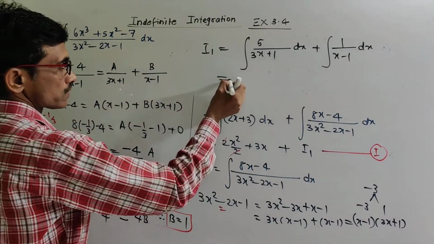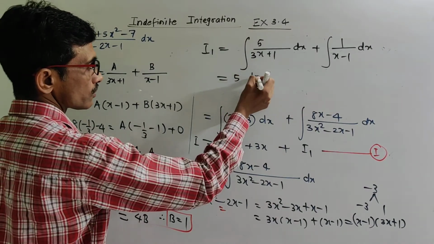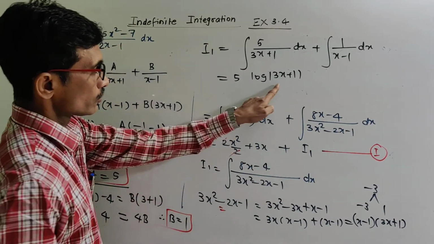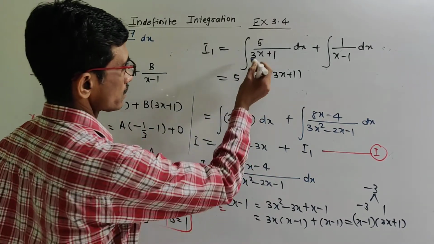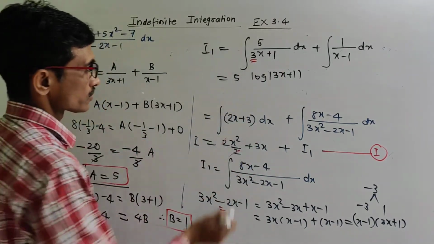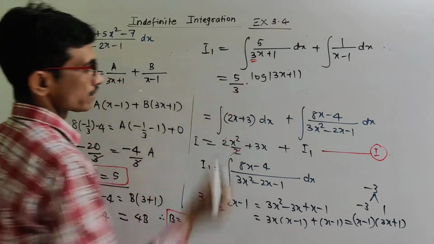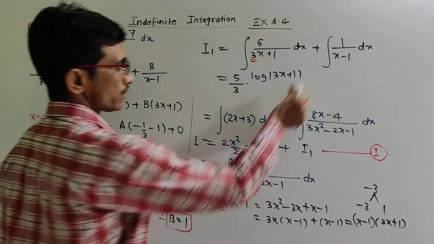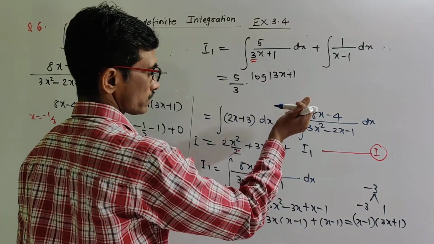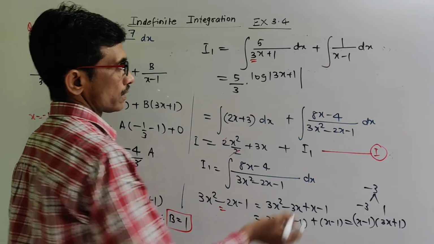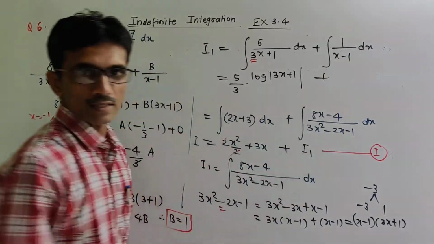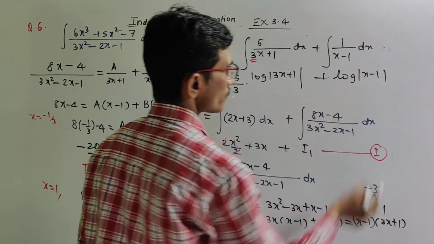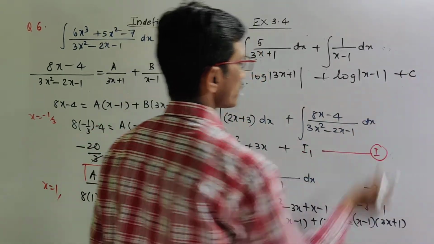Now this is 5, and integration of this is log of 3x + 1, and the coefficient of x is 3, so that is to be written in the denominator. So 1 by 3 log of 3x + 1, and this integral is dx upon x − a, so this gives log of x − 1, plus constant of integration c.